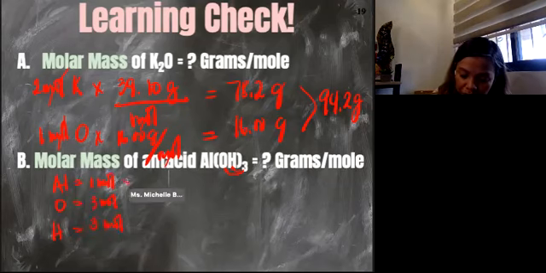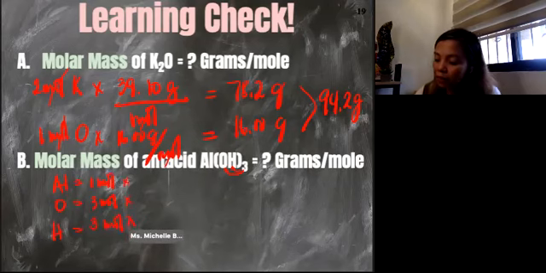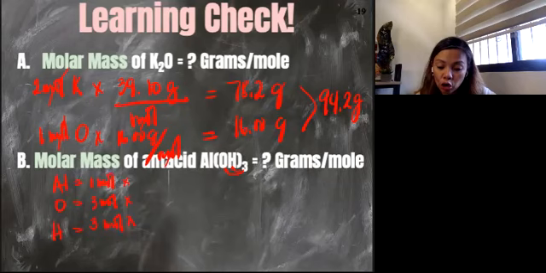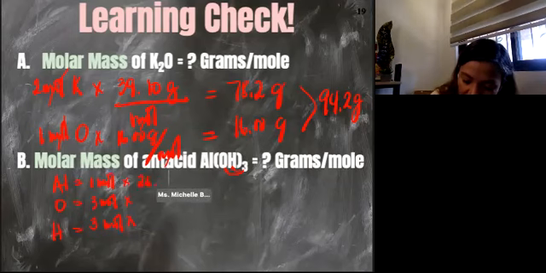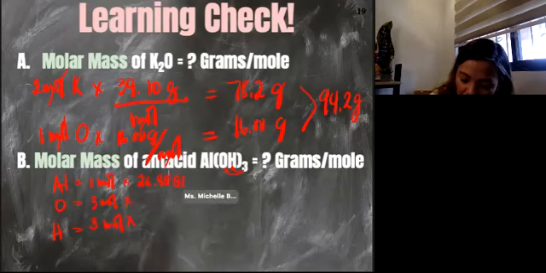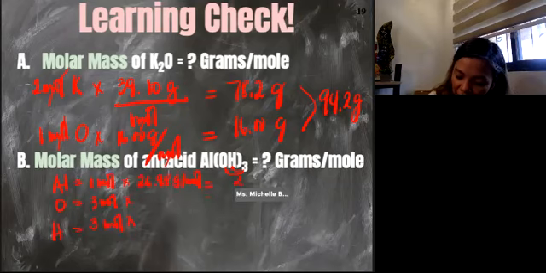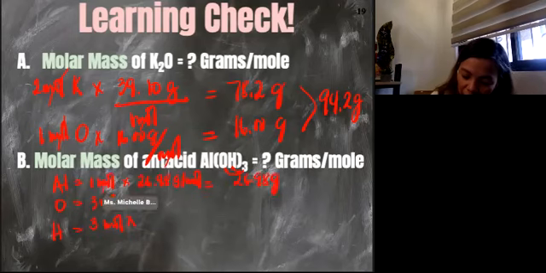We multiply them to their corresponding atomic masses. Aluminum is 26.98 grams per mole, so that is just 26.98 grams. We cancel out the mole.